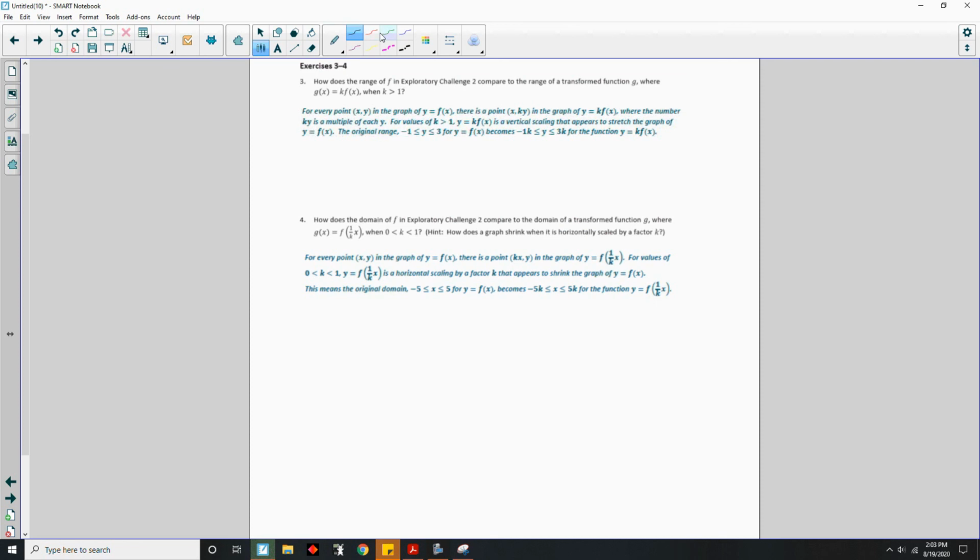Okay, here we go. For every point x, y in the graph of y equals f of x, there's a point k times x, comma y. See the difference? Not x, comma, k times y, but kx, comma, y, in the graph of y equals f of 1 over kx, for values of k between 0 and 1. y equals f of 1 over k times x is a horizontal scaling by a factor of k that appears to shrink the graph of y equals f of x.